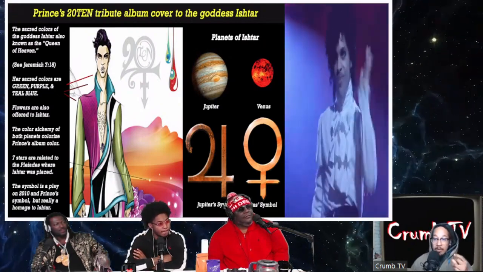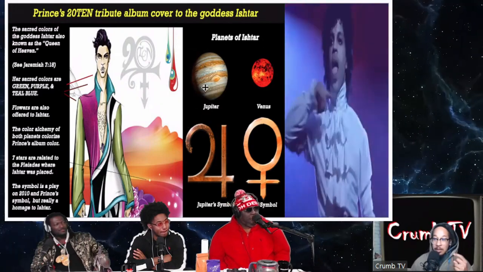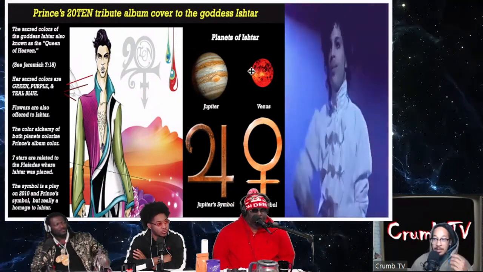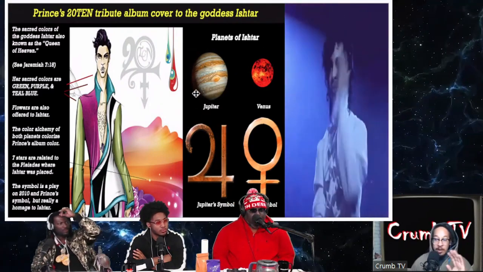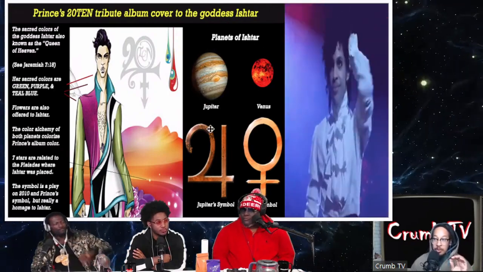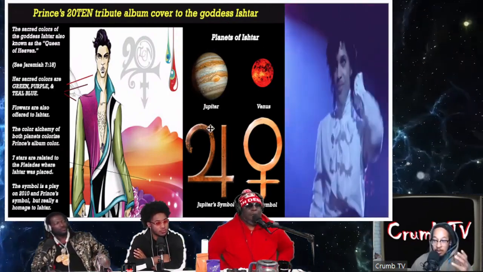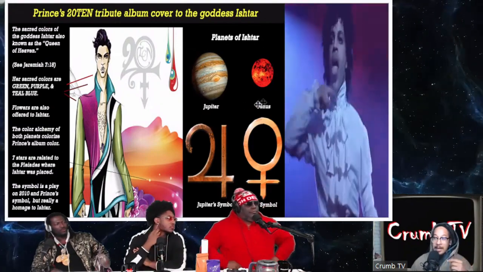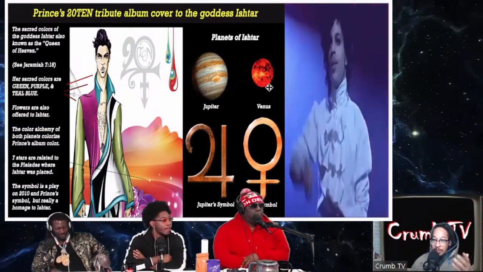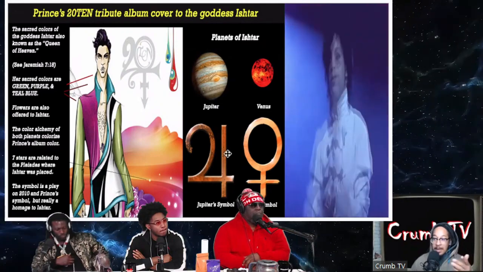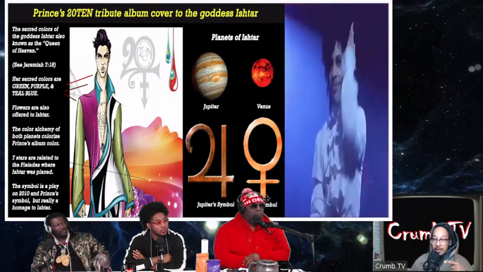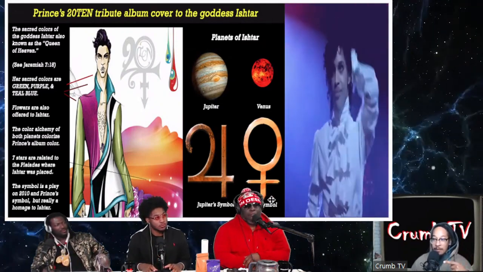The planets Jupiter and Venus are the planets of Ishtar. This is very important. The planet Jupiter is the planet of Ishtar or Lilith, and Venus is the planet of Ishtar or Lilith. And this is the symbol for Jupiter, and that's the symbol for Venus.